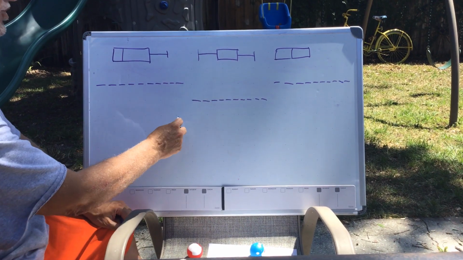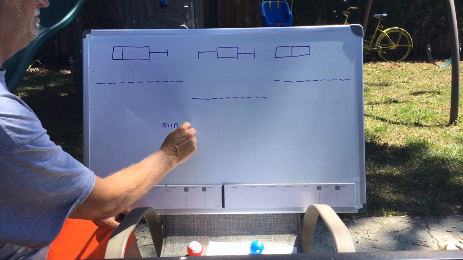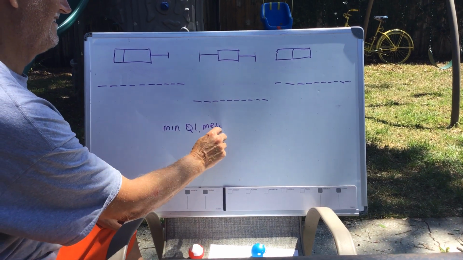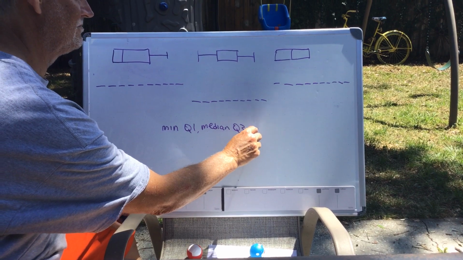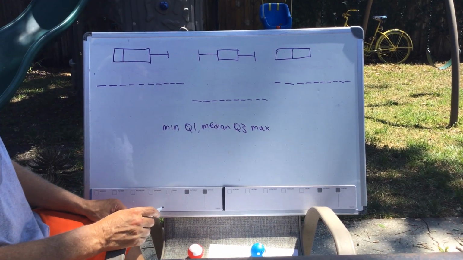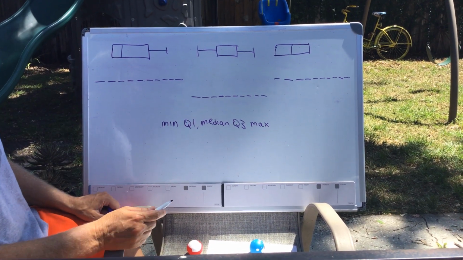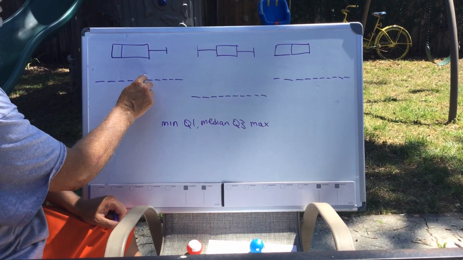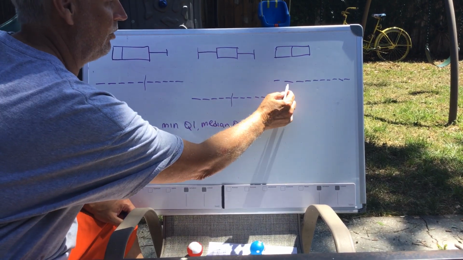First, we're just going to address the 5-number summary, which is the minimum, Q1, the median, Q3, and the max. The median divides a data set in half. Each one of these has been given a condition of 10 numbers: 1, 2, 3, 4, 5.